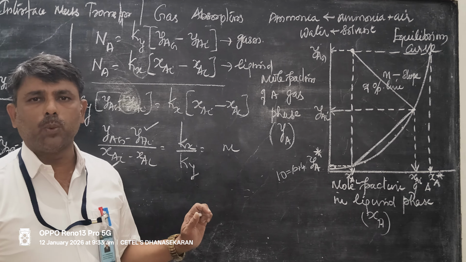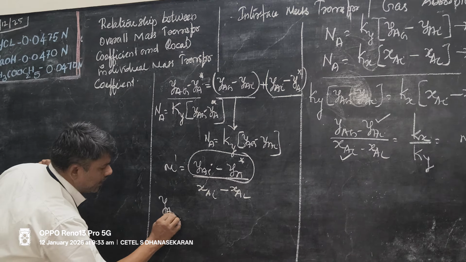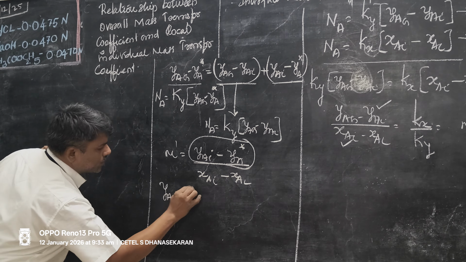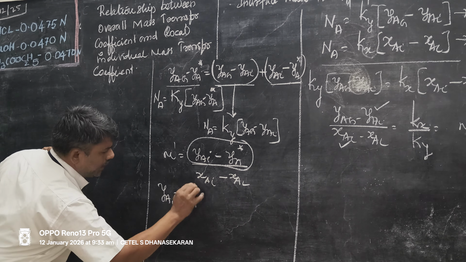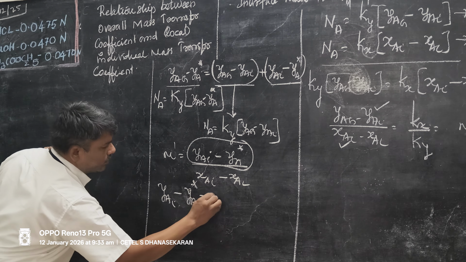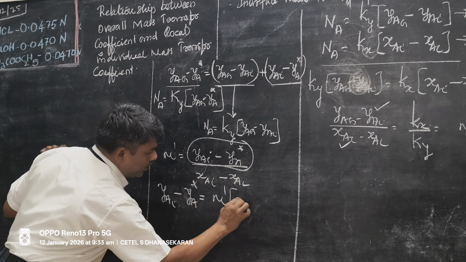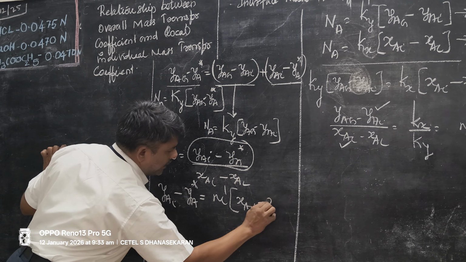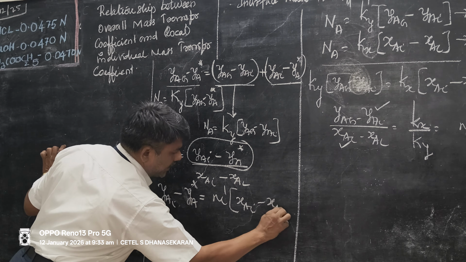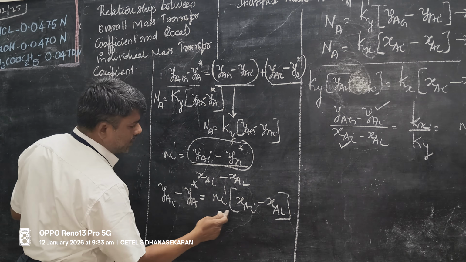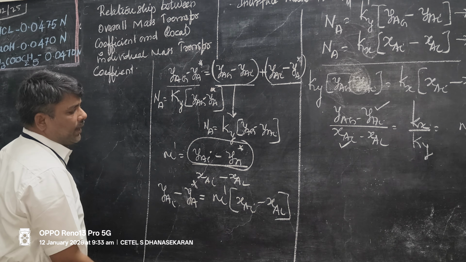Now I am in need of yAI minus yA star. So yAI minus yA star is equal to m prime into xAI minus xAL.